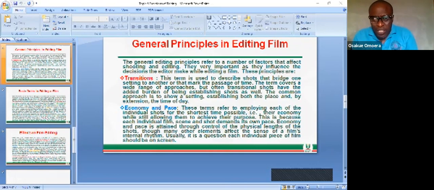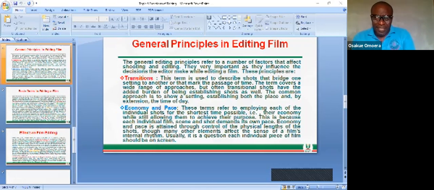Well, one of the general principles in editing film is that it aids transition. Through the editing, we are able to bridge different settings regardless of time and space. And at the end of the day, it gives us a whole form.